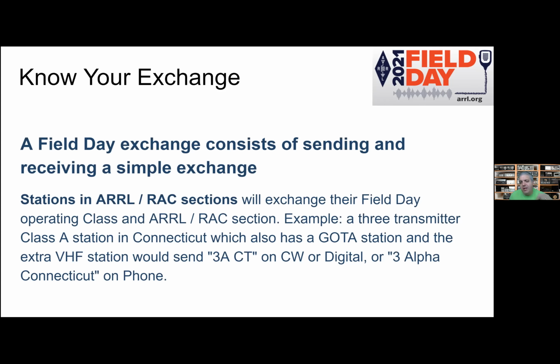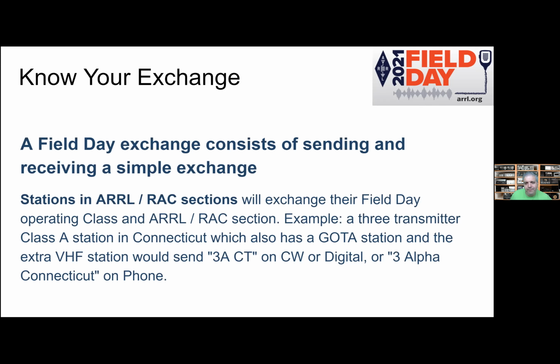And that's going to be the exchange that you're going to record. So what you're capturing from the other person is simply their call sign, their class, and their section. And that's it. There's no serial numbers, there's no counting, there's no keeping track, there's no sharing my name or when I was first licensed. It's just class and section.